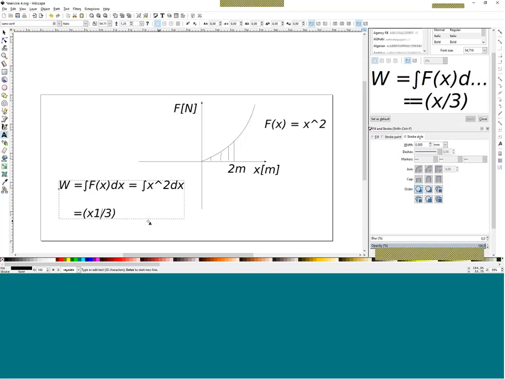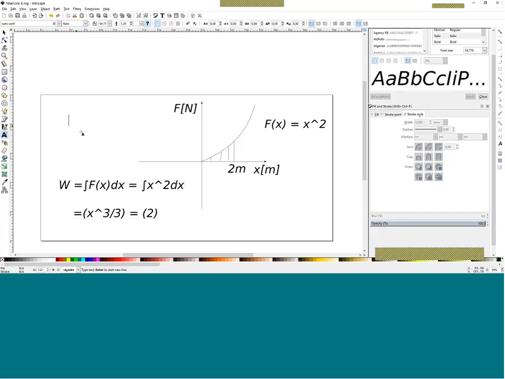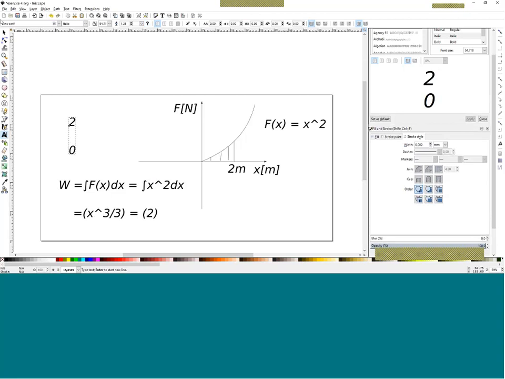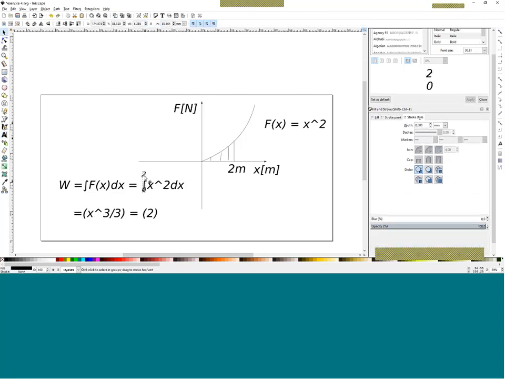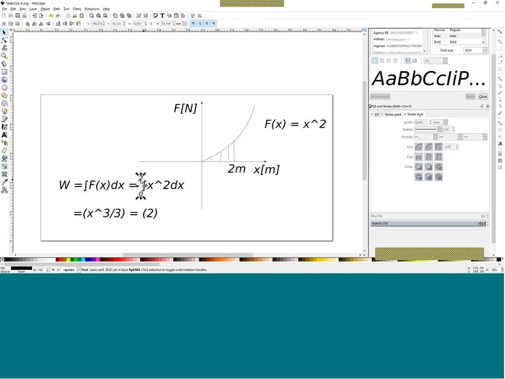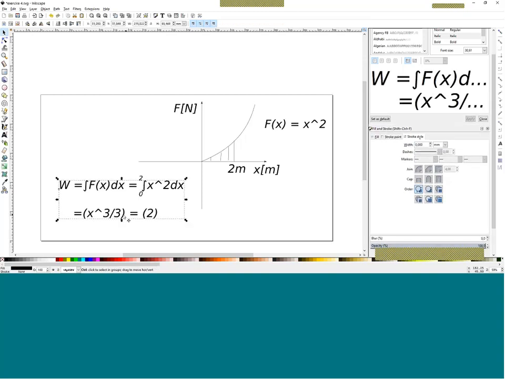It's x cubed over 3. There's one piece of information missing, the range. Let me write that. It should go from 0 to 2.